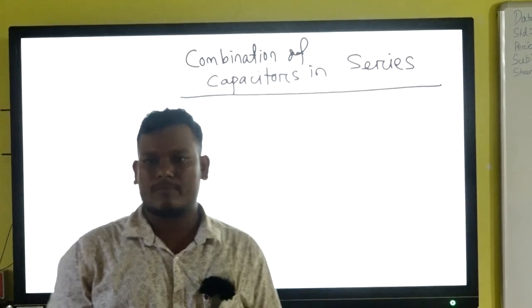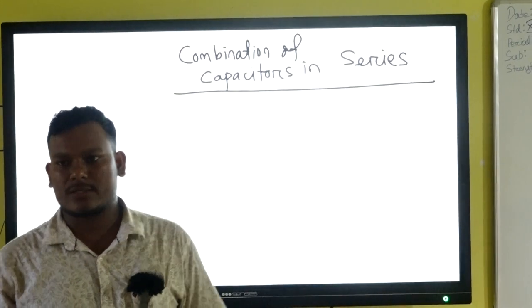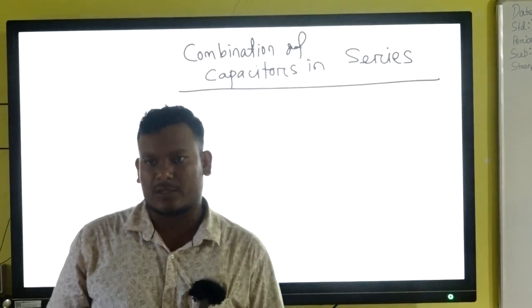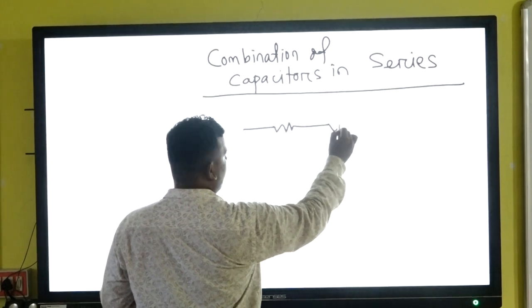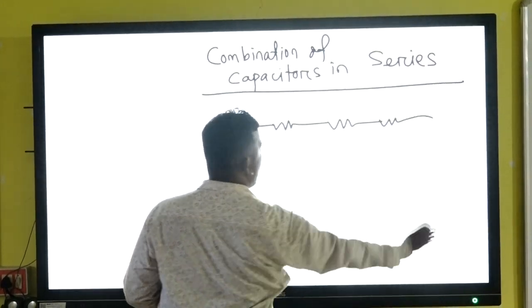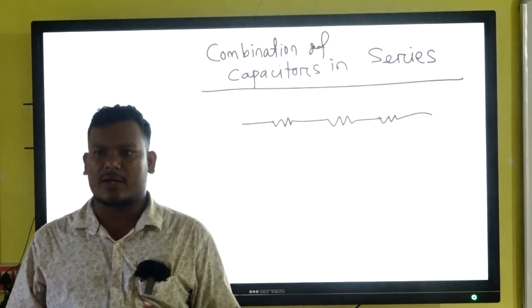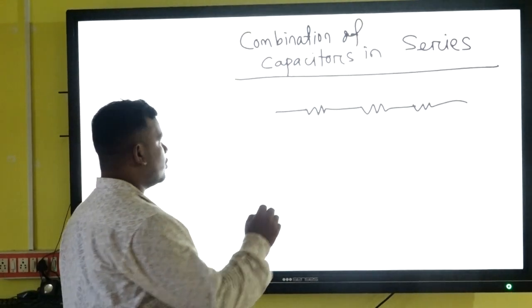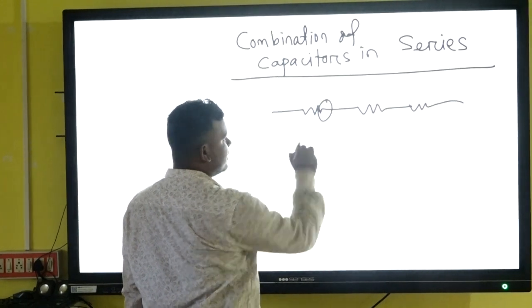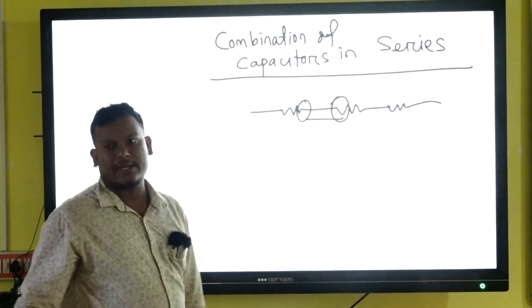In class 10, you have already been taught the combination of resistors. What happens in series combination? All the instruments are connected in an end-to-end manner. That means the ending of the first resistor is connected to the starting of the second resistor.